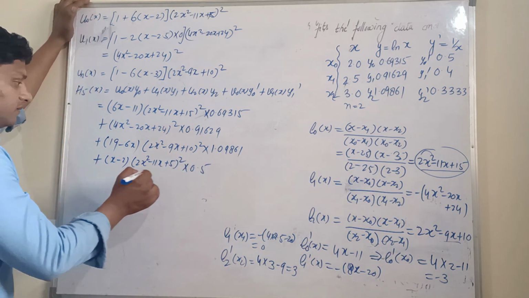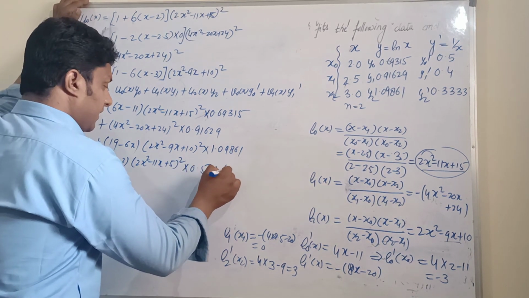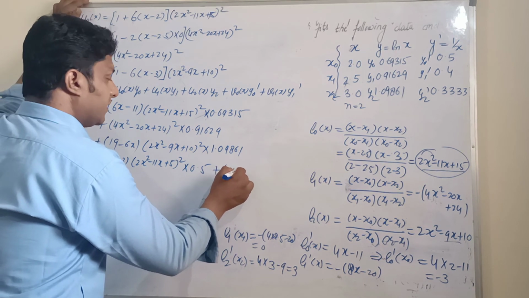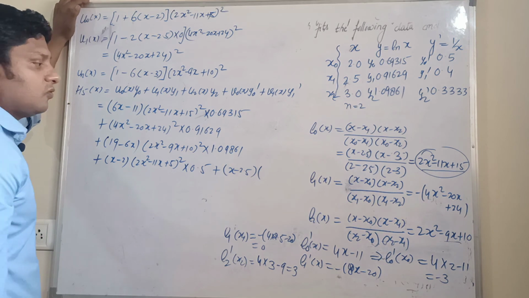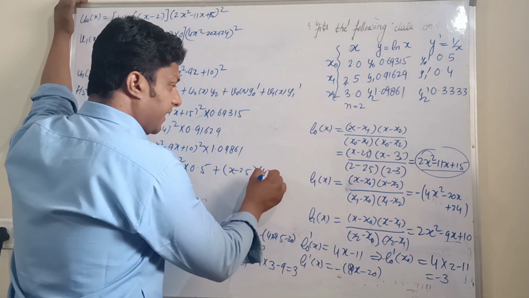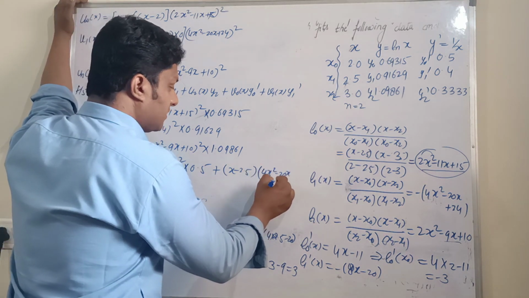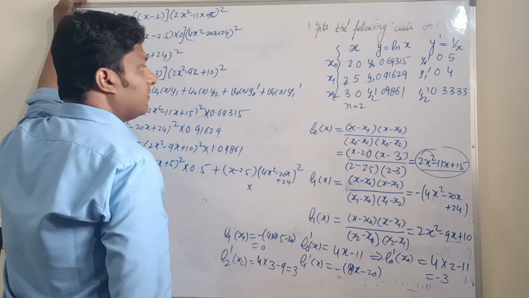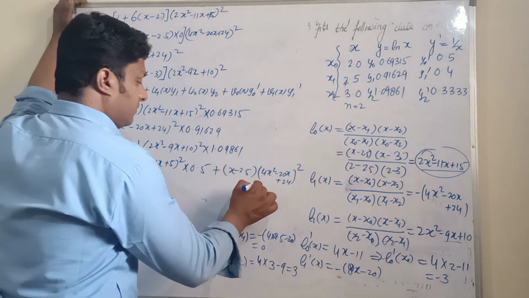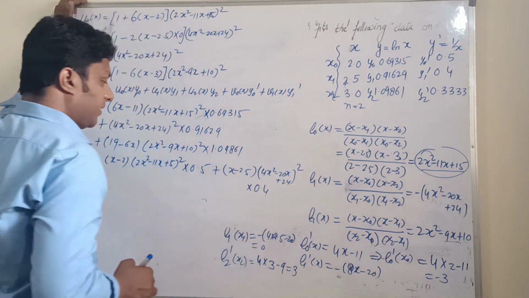Then plus (x − x1), that is 2.5, multiplied by L1(x) squared, that is (4x² − 20x + 24) squared, and then multiplied by y1', that is 0.5.